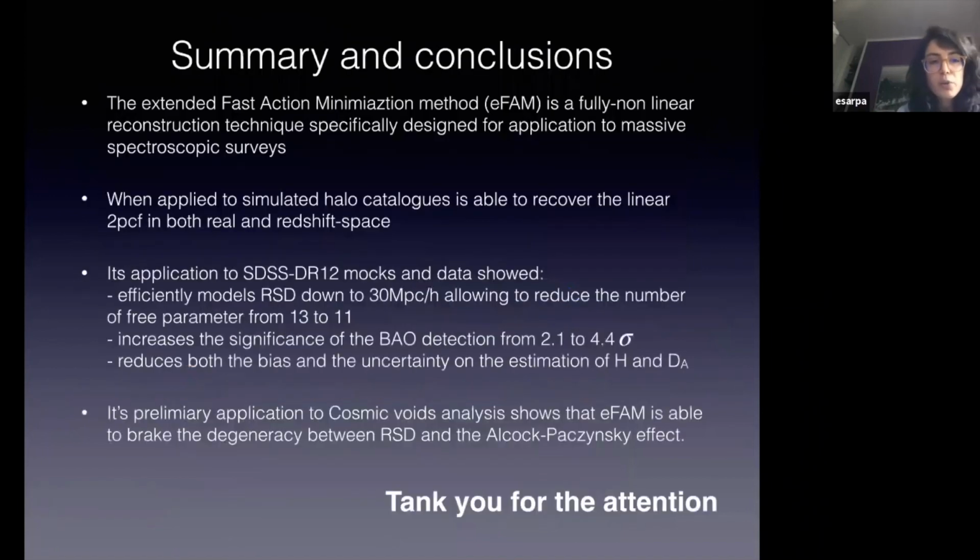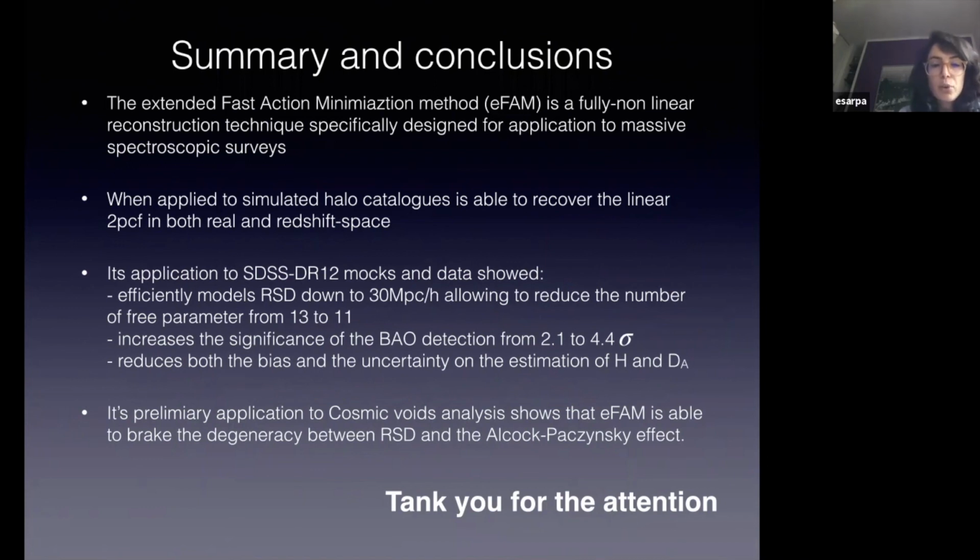So I leave you with the summary. We have shown today that eFAM is a fully nonlinear reconstruction technique, specifically designed for application to massive spectroscopic surveys, and when applied to simulated halo catalogs, it is able to recover the linear two-point correlation function in both real and redshift space.